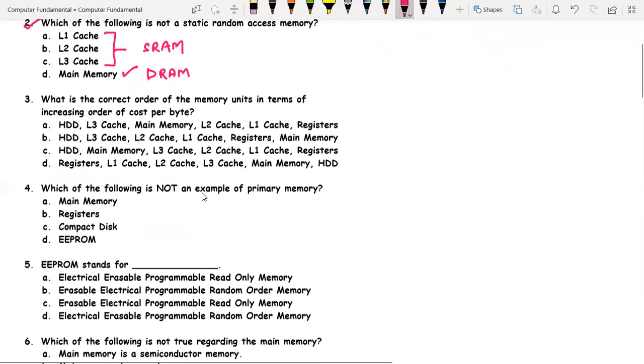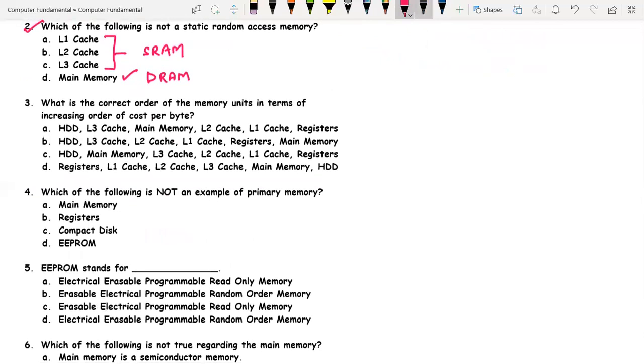Let's move to question number 3. What is the correct order of the memory units in terms of increasing order of cost per byte? So what is the top memory with the smallest unit of data and maximum cost? That is registers.